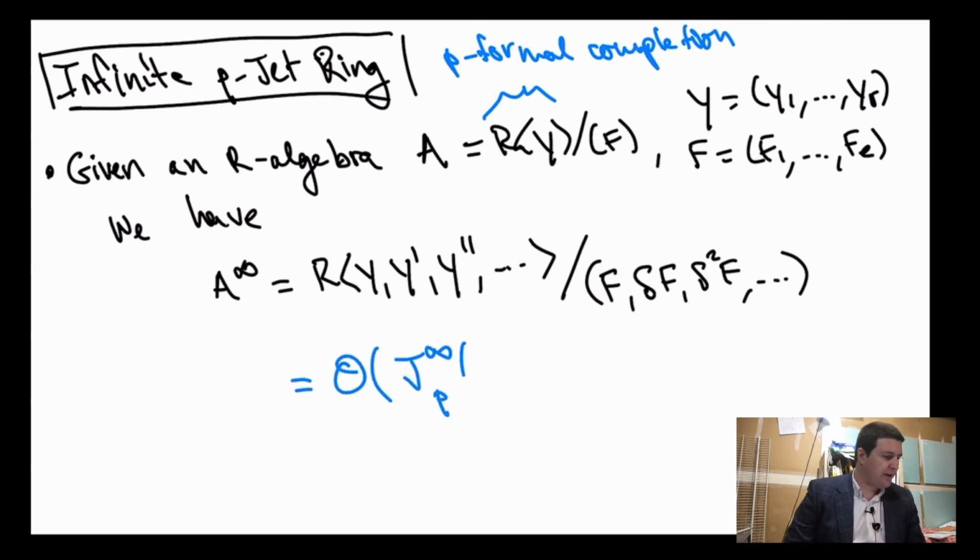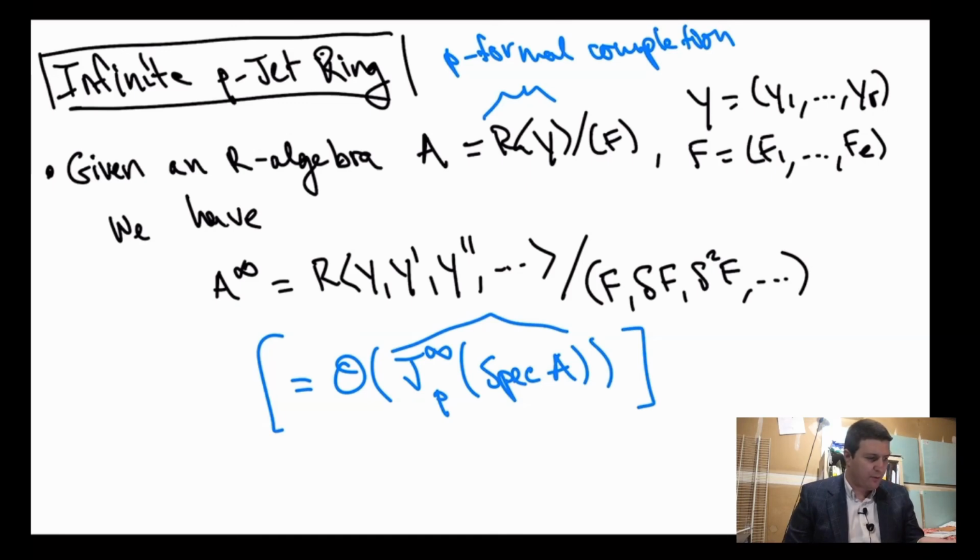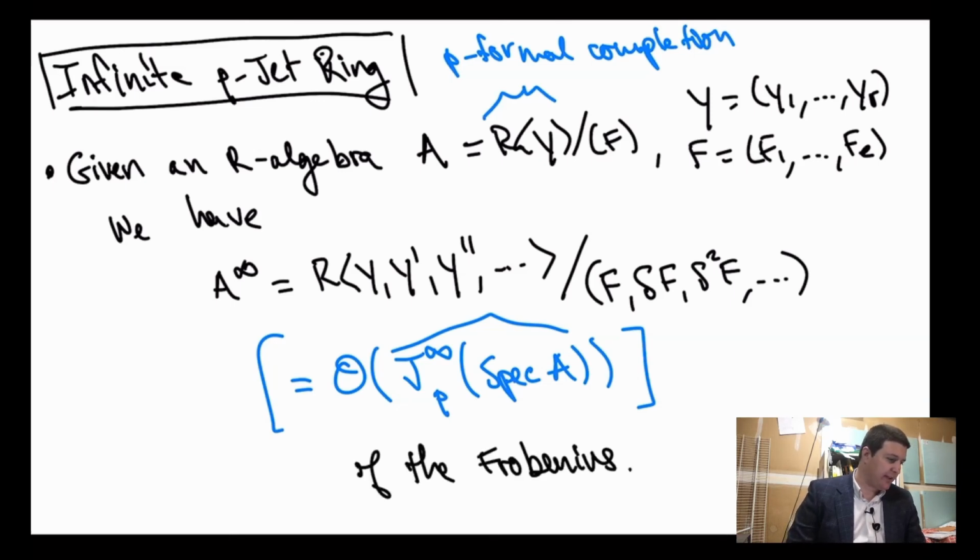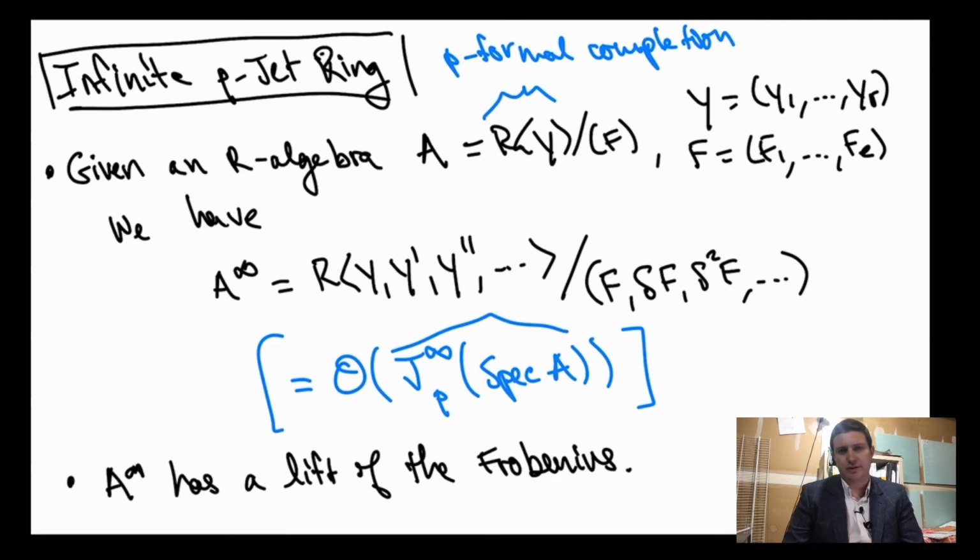Another way to view this is that this is the infinite jet space, but p-formally completed, of this ring. One of the things that's cool about this is that this ring has a lift of the Frobenius, right? I said that for p-torsion-free things, lifts of the Frobenius and p-derivations are the same.